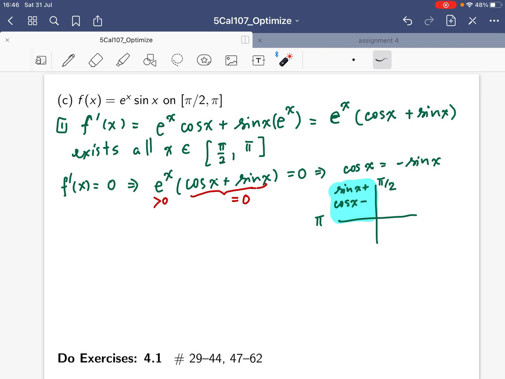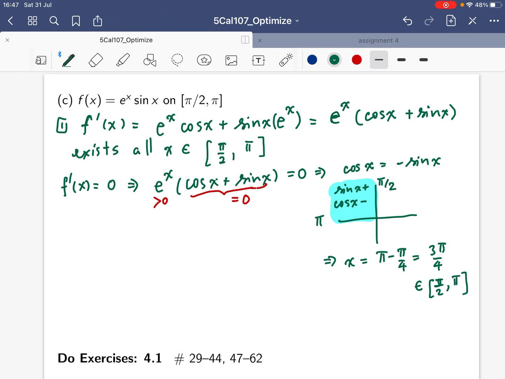But this one will be pi over 4 on the second quadrant, so it will be pi minus pi over 4, or 3 pi over 4. All right, is this inside the interval from pi over 2 to pi?